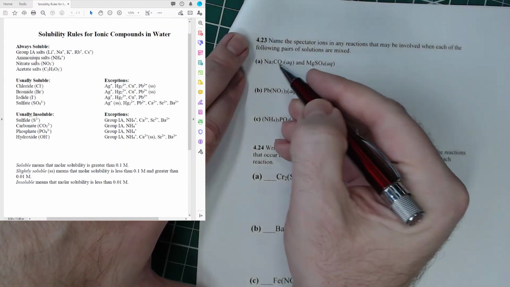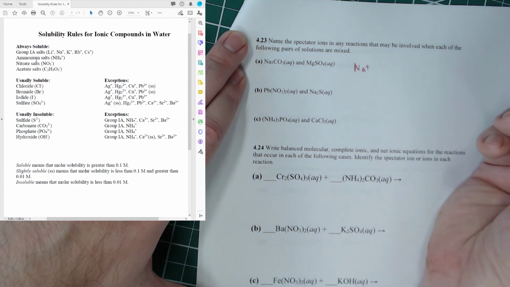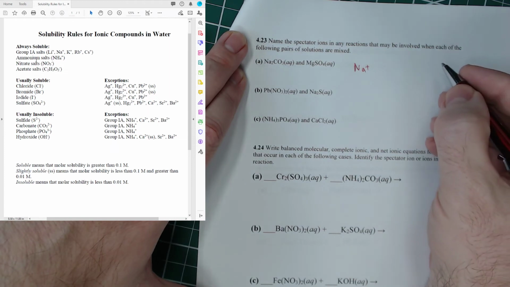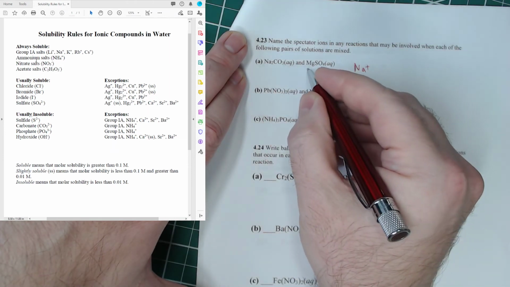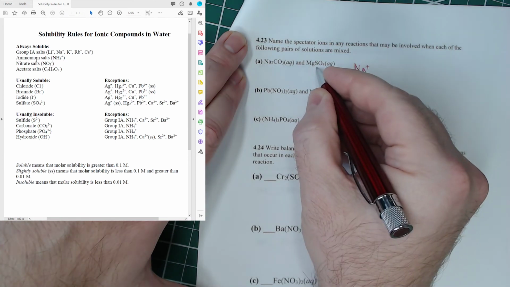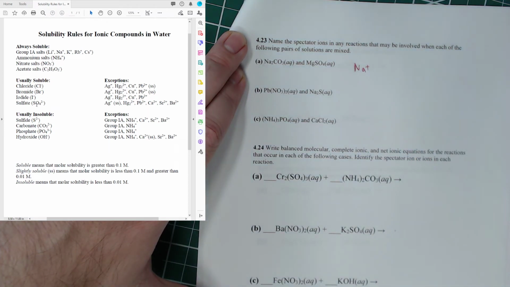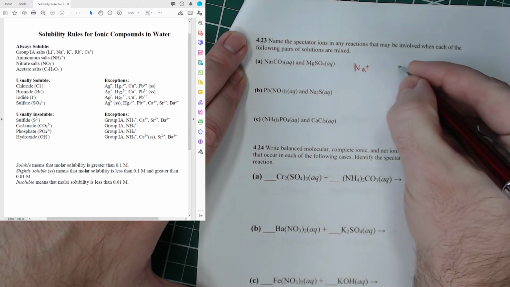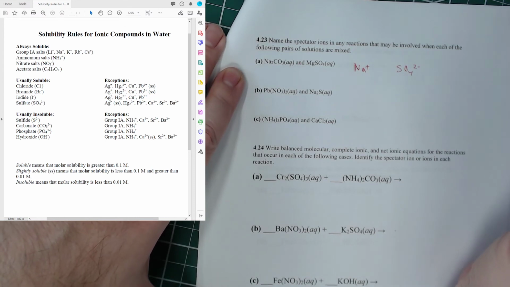So for this one, we'll see that sodium is a spectator, because sodium is always soluble. And carbonate's not a good bet because it's in the usually insoluble list, but you will see here that sulfate is in the usually soluble list, so it's right there. So sulfate is going to be a spectator, and that's it.